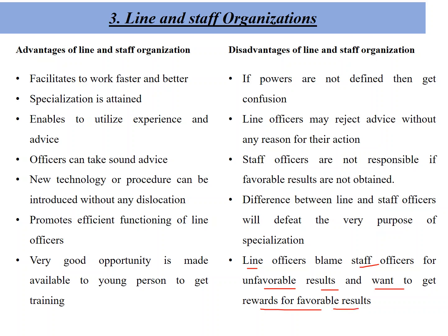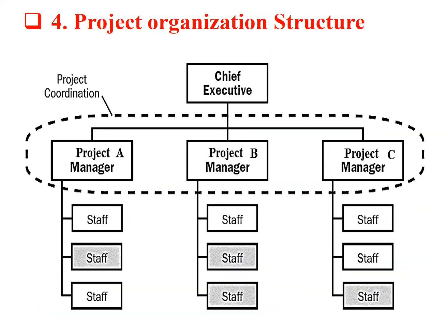If favorable results are there, line officers want rewards, and for unfavorable results they will blame the staff officers. Okay. Project organization is for a particular duration, for that project only.